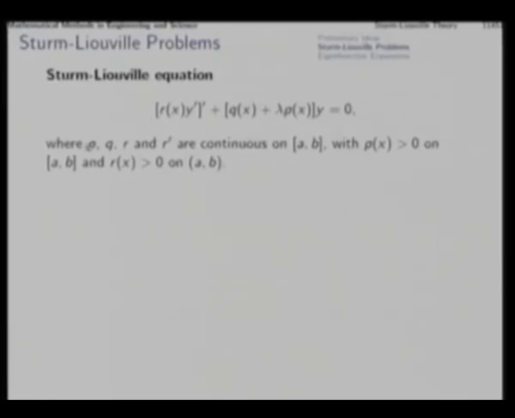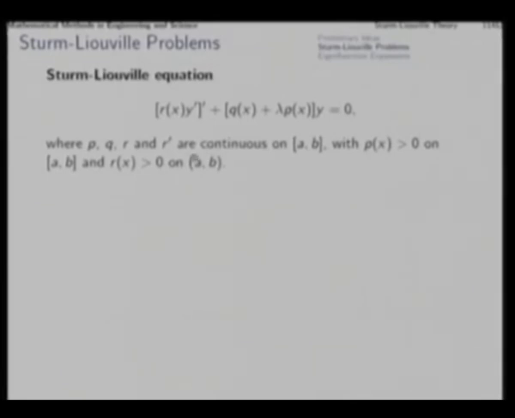First of all, p, q, r and r prime, we need all of these to be continuous over the closed interval a b, and P x must be a positive definite function on a b, and R x is also a positive definite function on this interval a b.